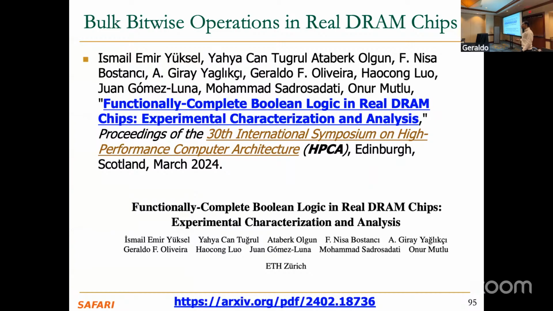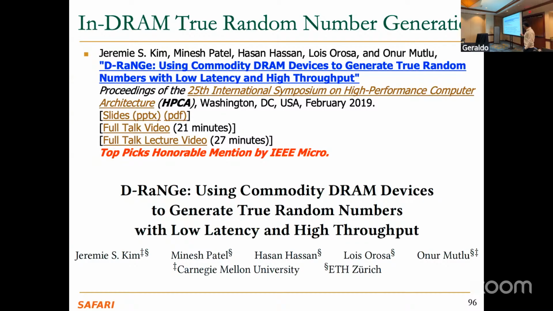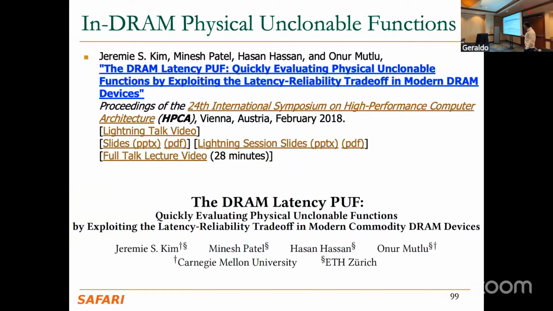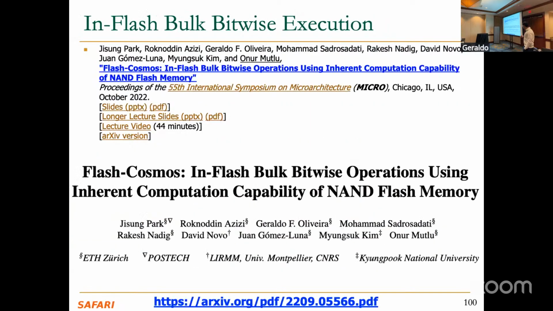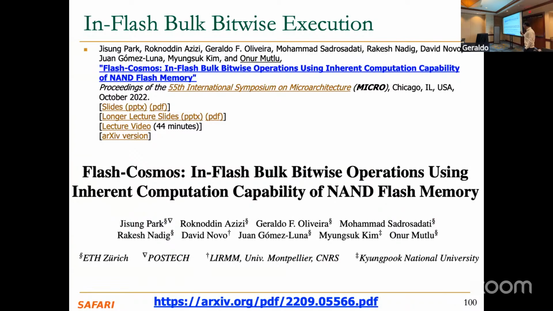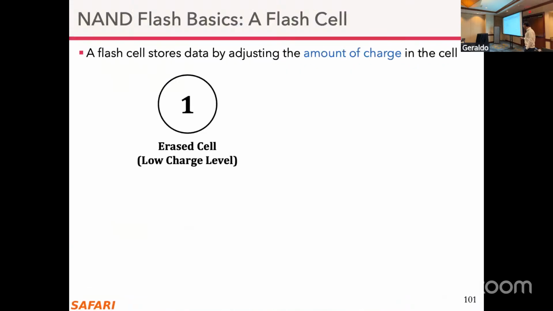So processing using DRAM is not limited to that. I want to mention that we can do other things like true random number generation, better true random number generation, and even physical unclonable functions, PUFs. Also, processing using memory is not restricted to DRAM. You can also do those operations in Flash, as Honor mentioned earlier.